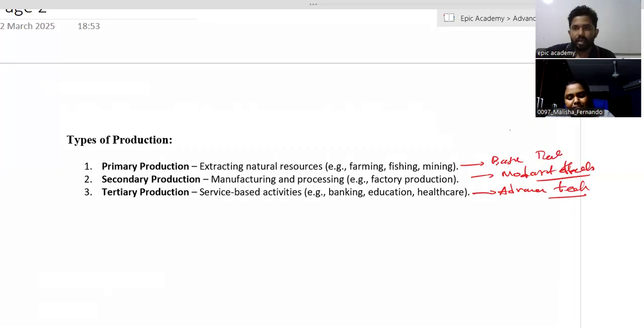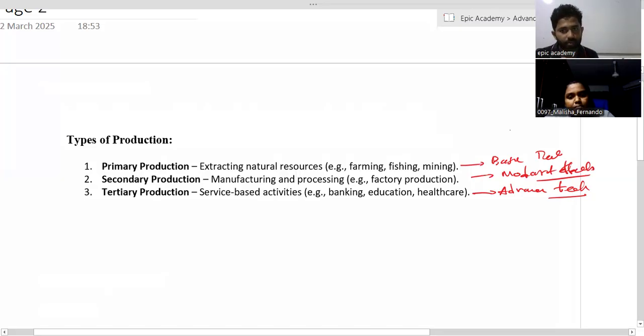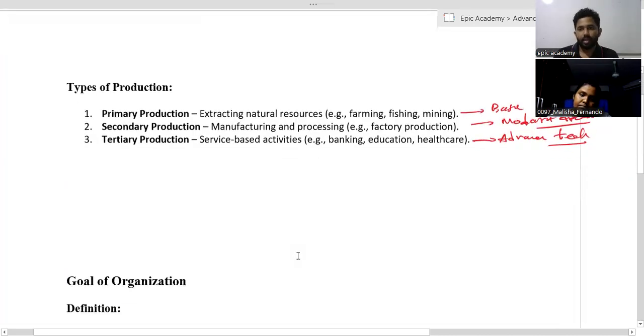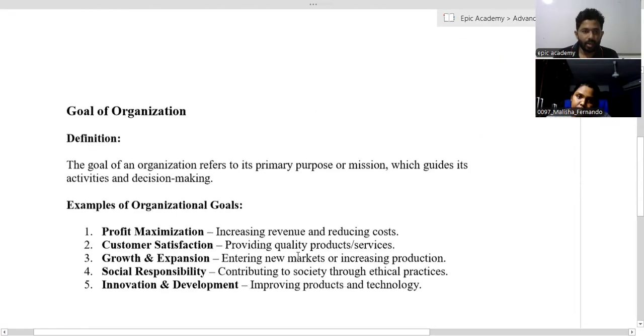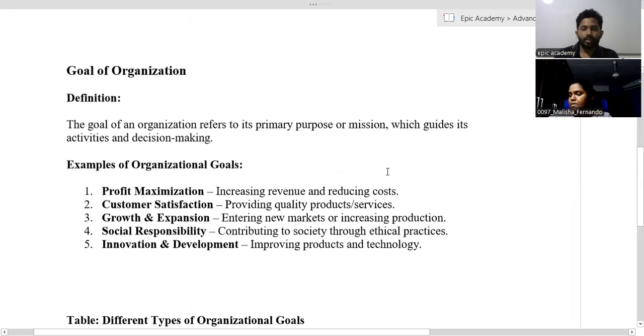Without machinery, how can they measure anything? Nothing can be measured. That is why I say that tertiary production services are based on advanced technology. Without technology, there are no service-based activities. Just identify the example. That is enough to understand the difference between the types of production.